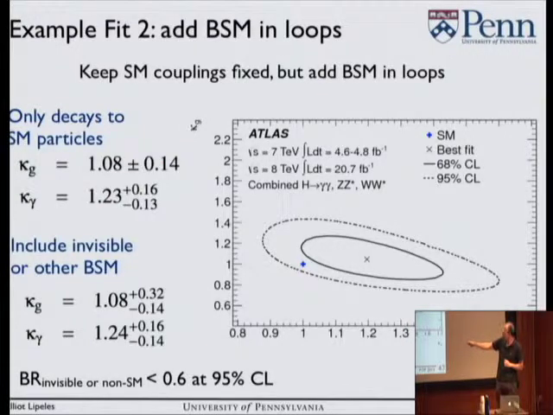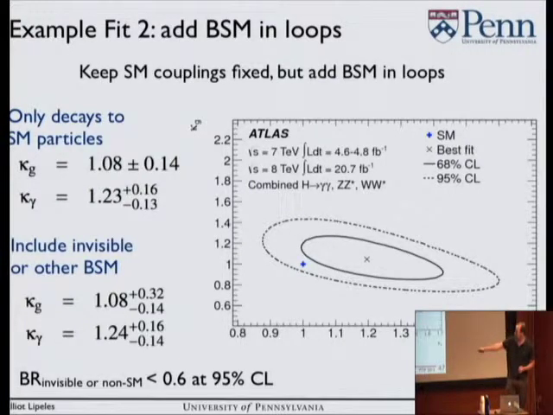I can do this with only standard model particles in the decay. And that gives me an uncertainty like this. You can see this graphically like this. This is the gluon loop, and this is the gamma loop. And you can see that it's in reasonable agreement with the standard model expectation at 1, 1.